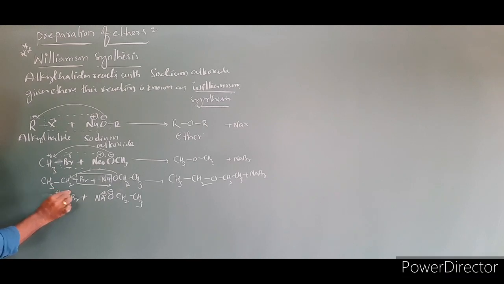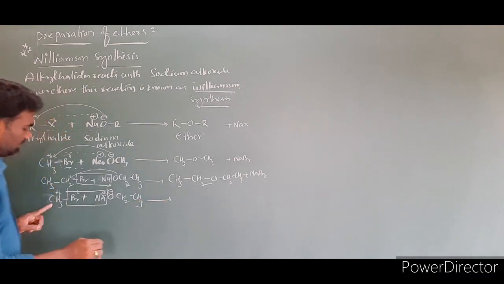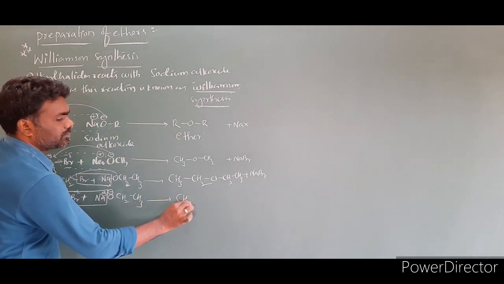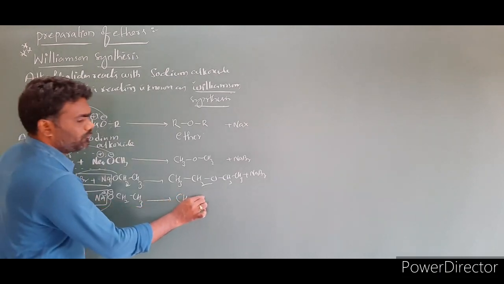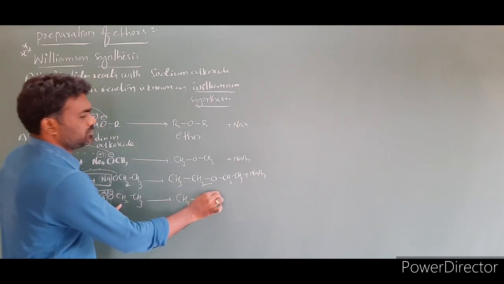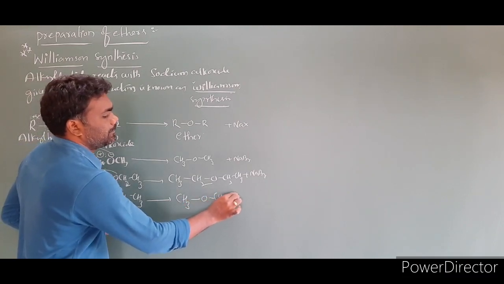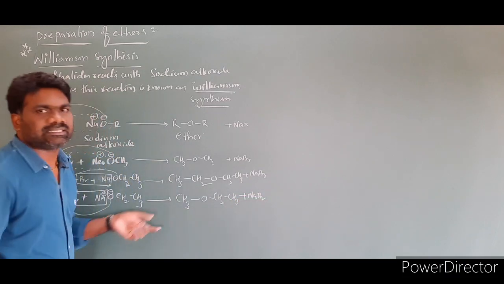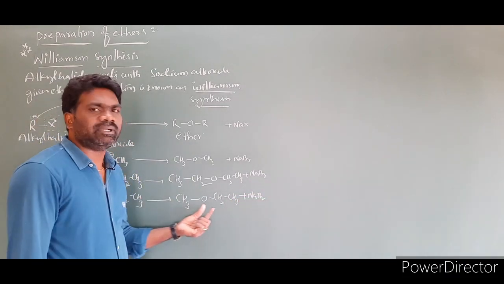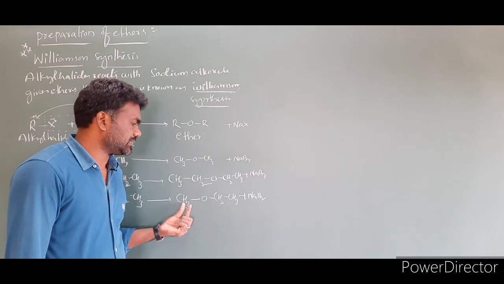This is partially positive, this is partially negative. NaBr is eliminated. Then the product is CH3, and this O we attach at this carbon, then we get CH3OCH2CH3 plus NaBr. Look, this is an unsymmetrical ether.